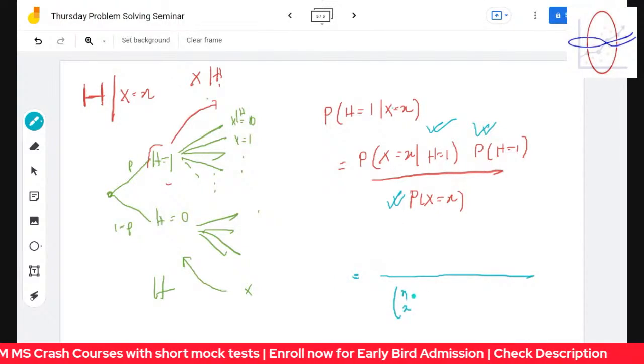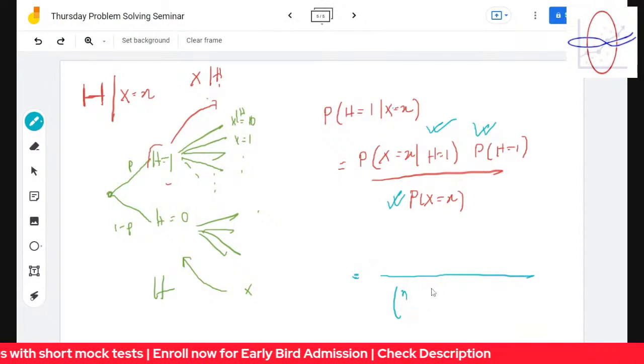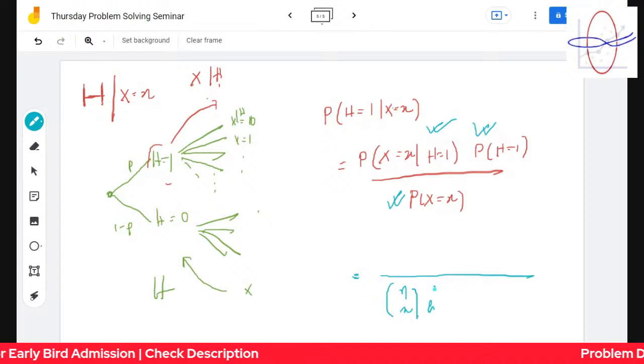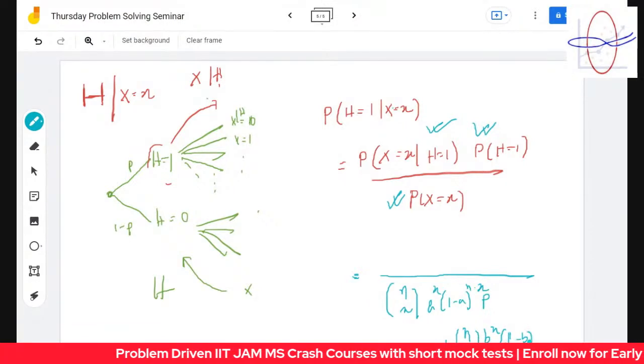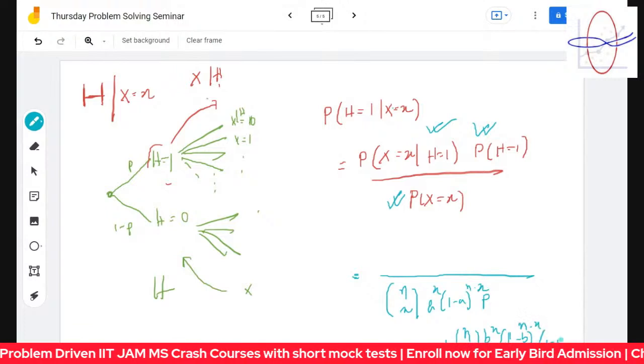You know it's n choose x, a to the power x into 1 minus a whole to the power n minus x into p, plus n choose x into b to the power x into 1 minus b whole to the power n minus x into 1 minus p.